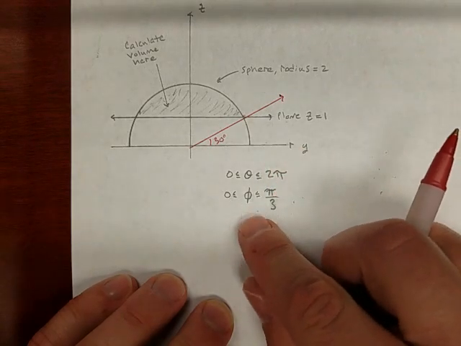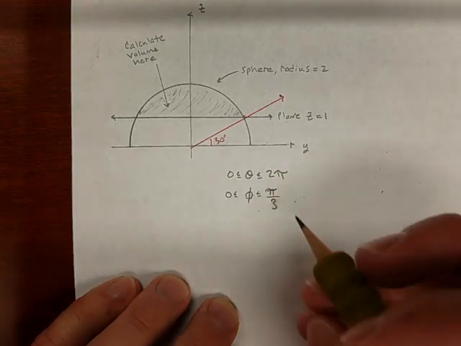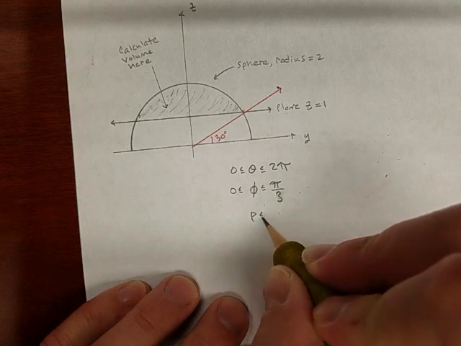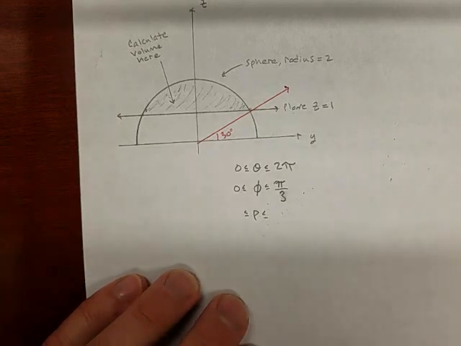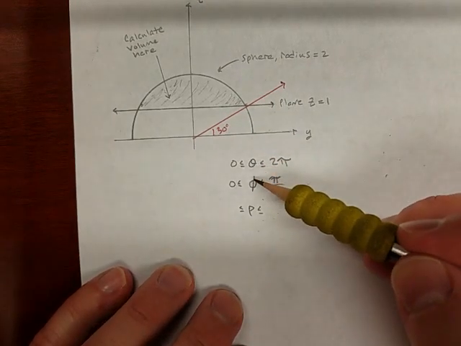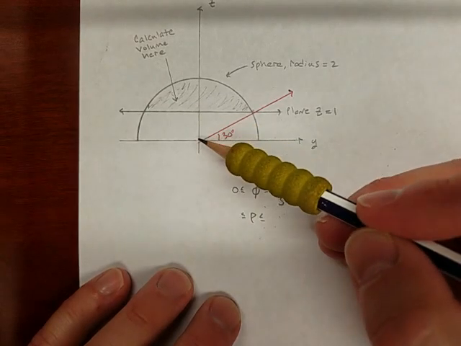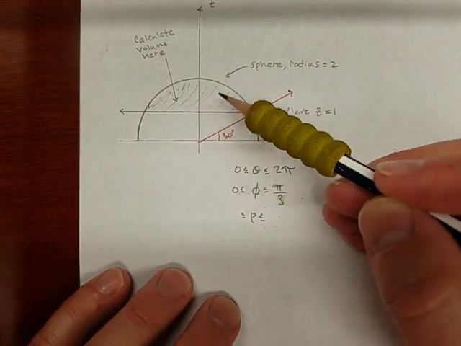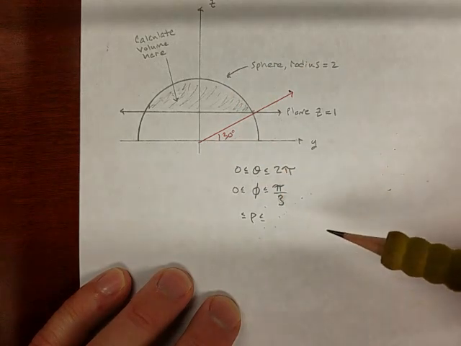What's next? Rho. What's rho in spherical coordinates? Once these angles are established, rho is the radial distance you go out in the direction established by the angles.